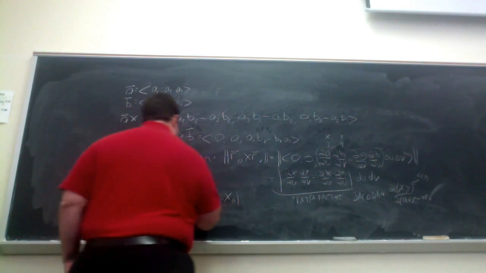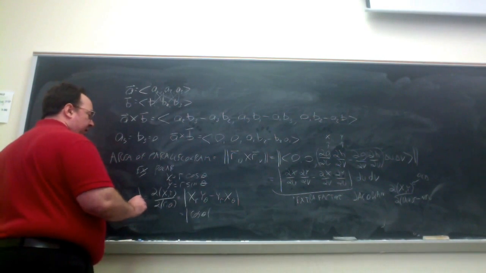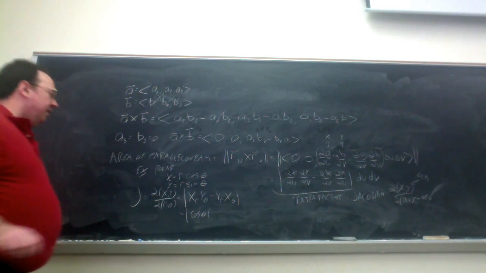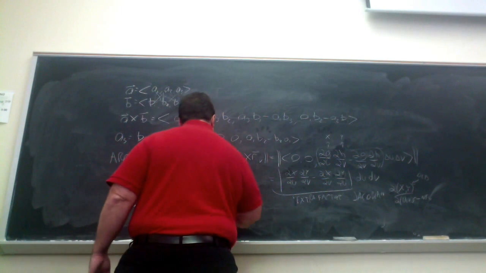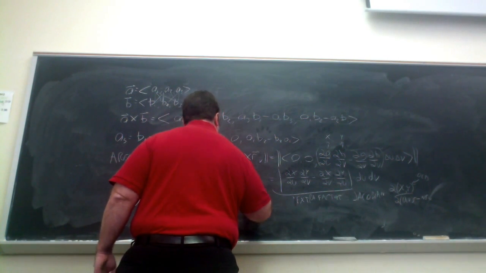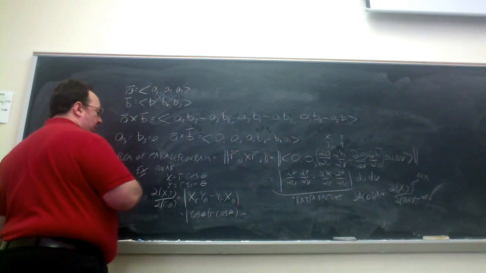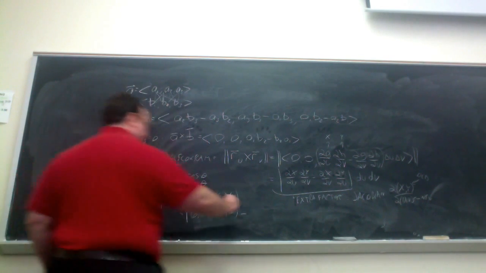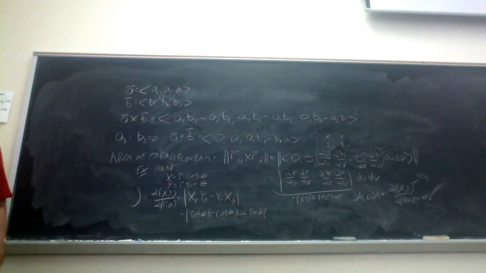Yeah, cosine theta. And then y with respect to theta, where r is a constant, is r cosine theta. And then minus y with respect to r, sine theta, times x with respect to theta.